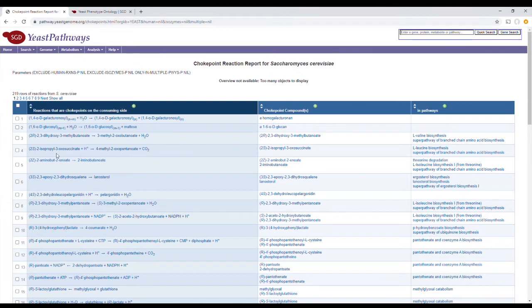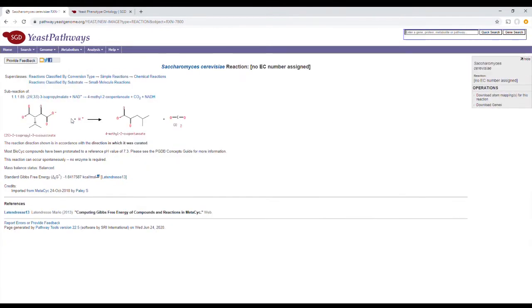My molecule is 2-isopropyl 3-oxosuccinate plus a proton yields 4-methyl-2-oxopentanoate and CO2. So if I click on that, it's going to show me my reaction that is actually taking place, and this reaction direction is shown in accordance with the direction in which it was curated.